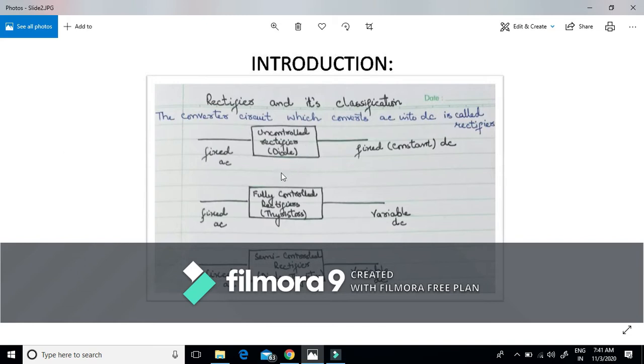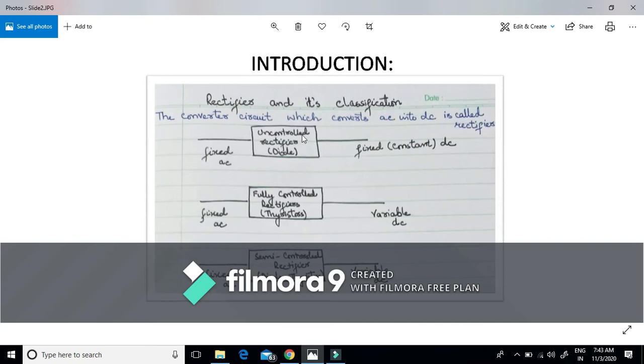Now, firstly, what is uncontrolled rectification? In uncontrolled rectification, where we are using an uncontrolled device, that is a diode, we are converting fixed AC into a fixed DC. That means here the output DC is not controllable, or we can say at the output we are getting constant DC.